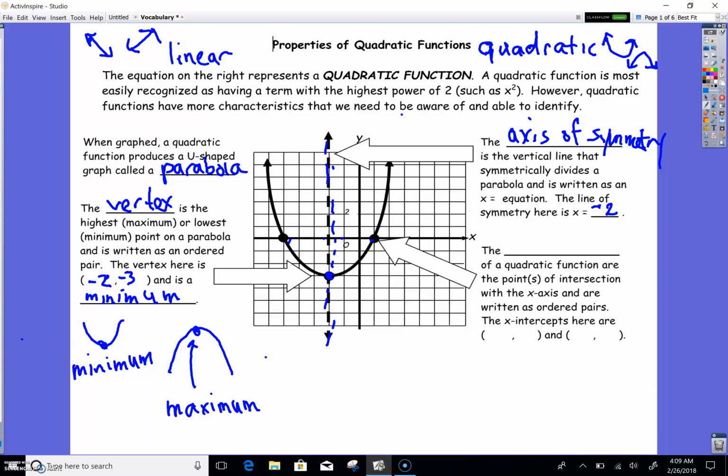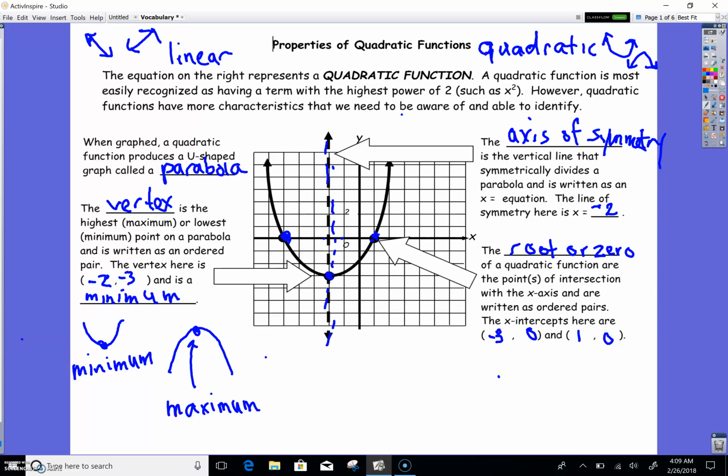Now, these points right here, we normally say they're the x-intercepts, which they are, but we also call them the roots or zeros of a quadratic function. They are the points of intersection with the x-axis and are written as ordered pairs. The x-intercepts here are 1, 2, 3, I mean -3, 0, and 1, 0.